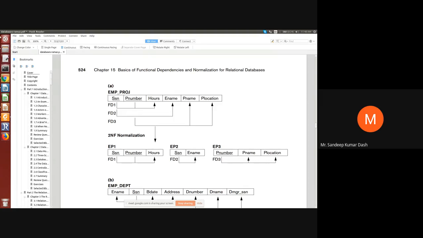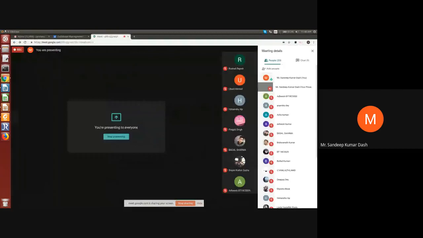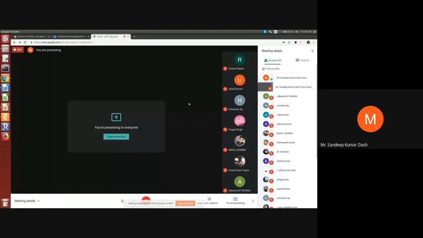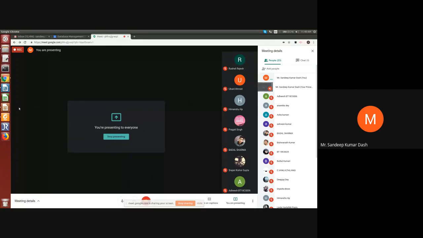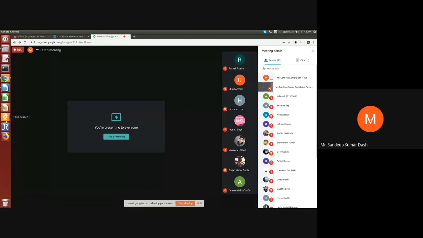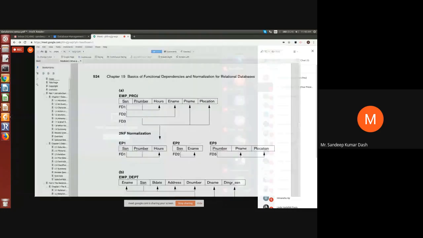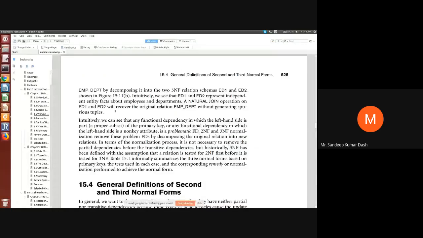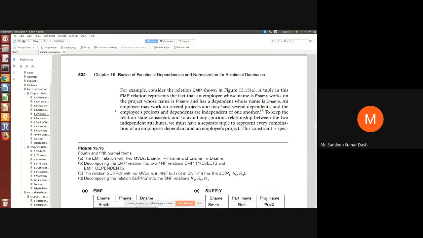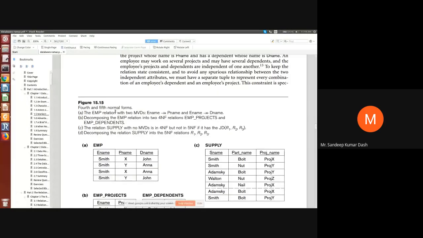So tell me who else has a doubt. There are 23 people; out of 23, one by one you can tell if you have doubt in 2NF. Or from here only, if you can see the screen, I am scrolling through the book.